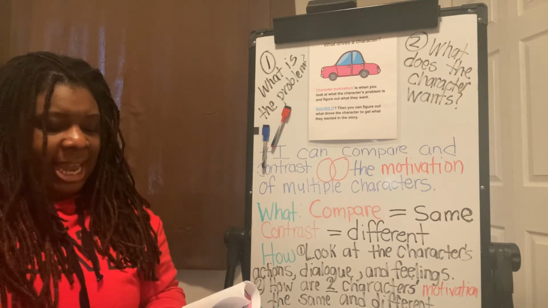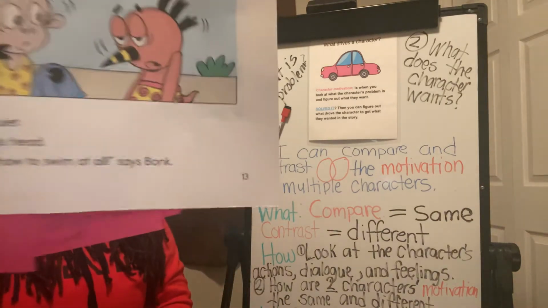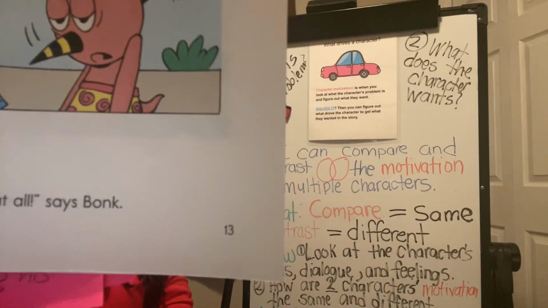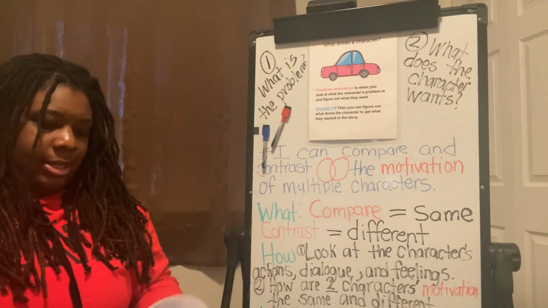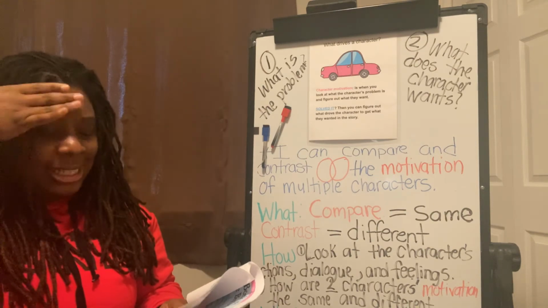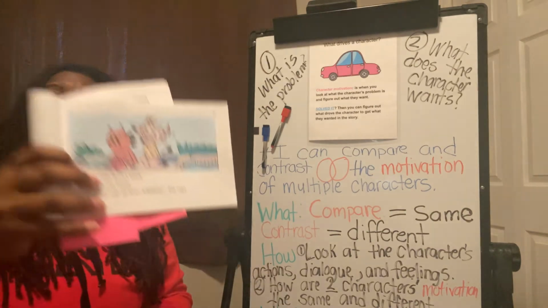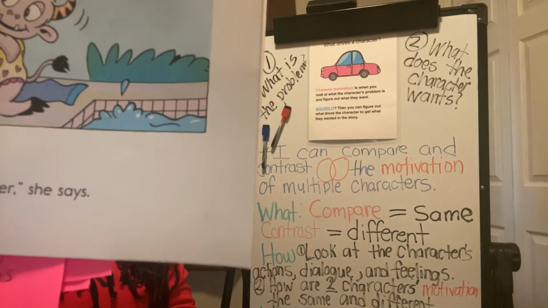Bonk hangs his head. I don't know how to swim at all, says Bonk. Jupe pats Bonk's back. She rubs his head. Then we can learn all together, says Jupe.